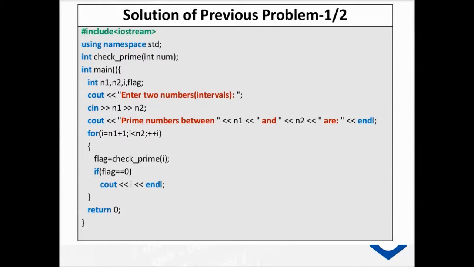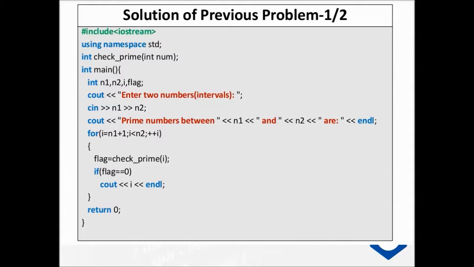Then in the main program we declare the variables n1, n2, i and flag. Then we ask the user to enter two numbers as intervals, and the user enters two numbers.